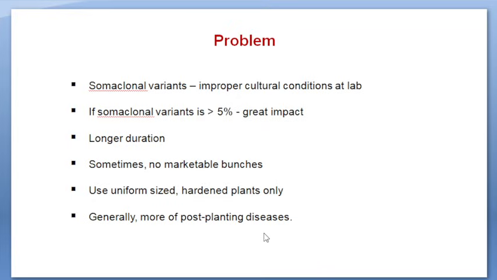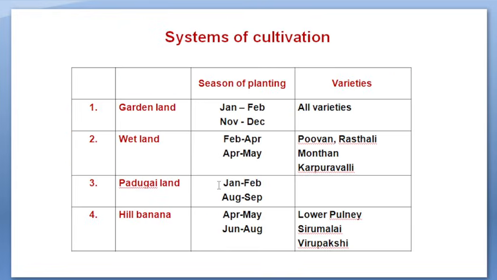But sometimes, suppose we select 100 tissue culture plants, there will be 5%, 5 plants, having some uneven growth. Still this problem is unable to be overcome. This leads to non-uniformity in the banana orchards, and sometimes no marketable bunches, and sometimes a problem of post harvest diseases.